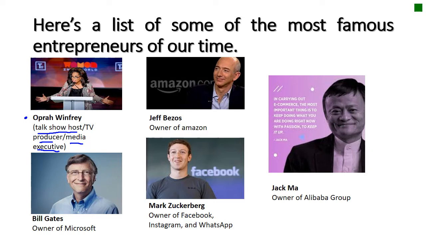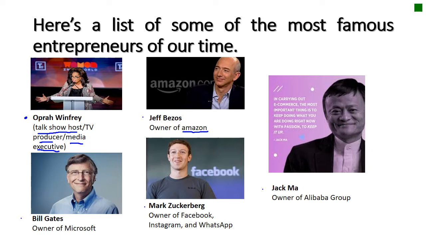She's a billionaire. Jeff Bezos, owner of Amazon, the online ordering mammoth, okay? It's grand, it's big, and he's a billionaire. Bill Gates, owner of Microsoft. Mark Zuckerberg, owner of Facebook, Instagram, and WhatsApp. Jack Ma, owner of Alibaba Group, which is also an online buying and selling, online item selling company.